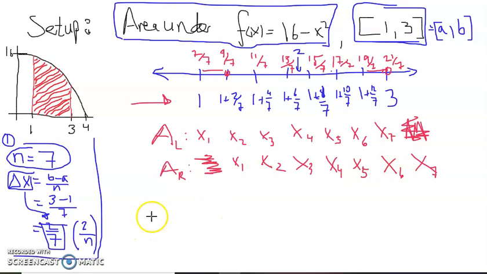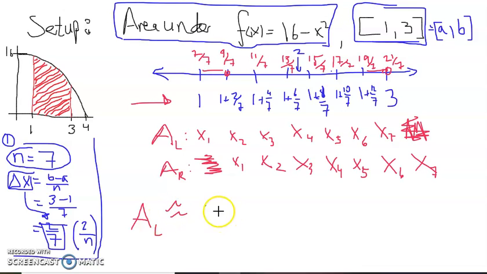All right, so now what that means is that when you are actually setting up the formula for the area, remember what you do is you take, remember this is approximate.